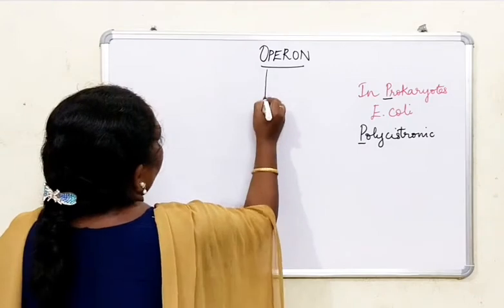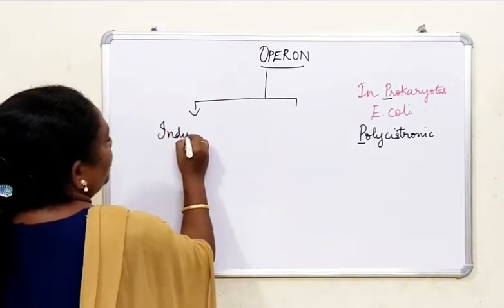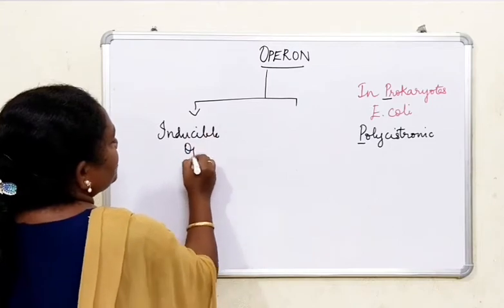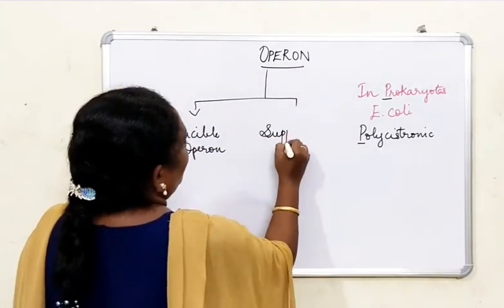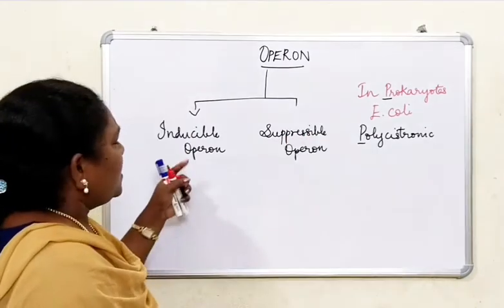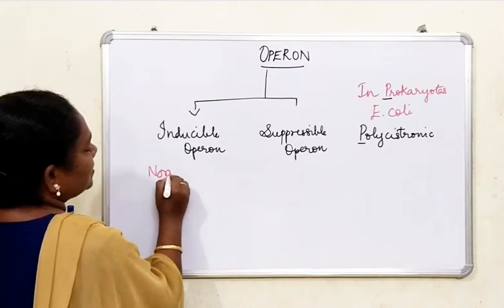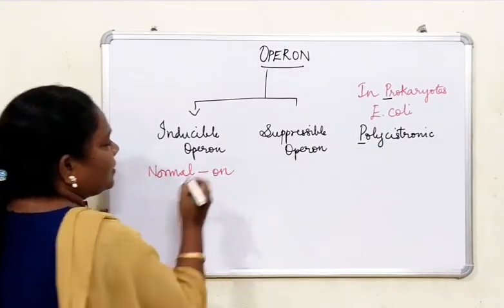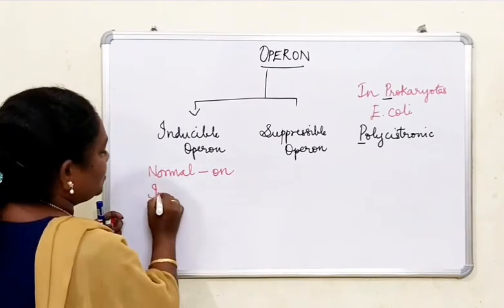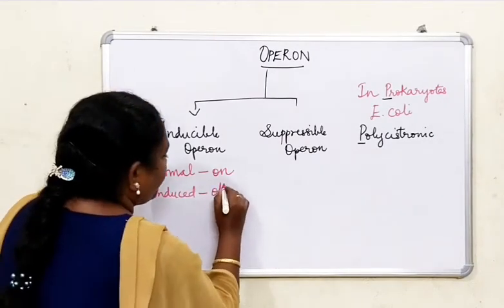There are two types of operon. One is called as inducible operon. The other one is called as suppressible operon. So what is inducible operon? Here, under the normal condition, the operon will be kept off, whereas if it is induced, it will be kept on.